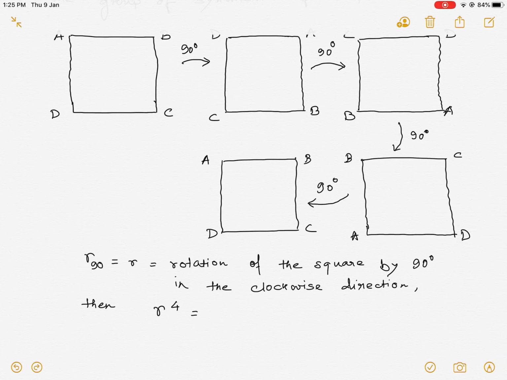If we rotate the square 90 degrees 4 times, then we get the original square with which we started, and let us denote the original square as the identity element.